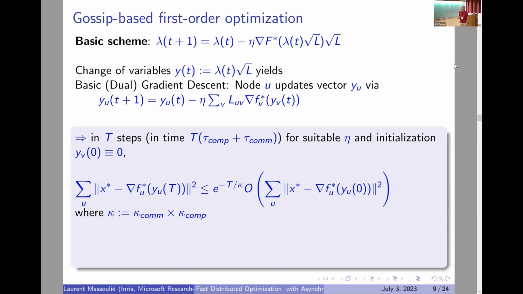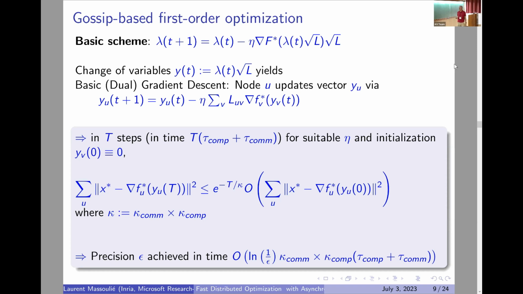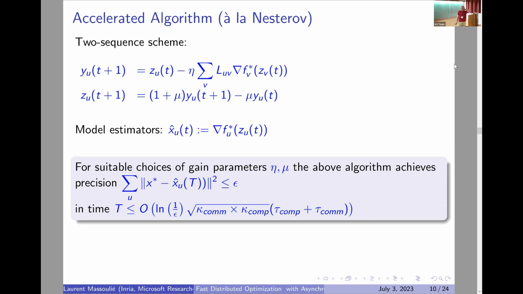In other words, we reach a precision of order epsilon in a number of steps that scales like log 1/epsilon times the condition number, times how long it takes to complete one step, so tau comp plus tau com. Okay, so that was the first result in the convex optimization series.